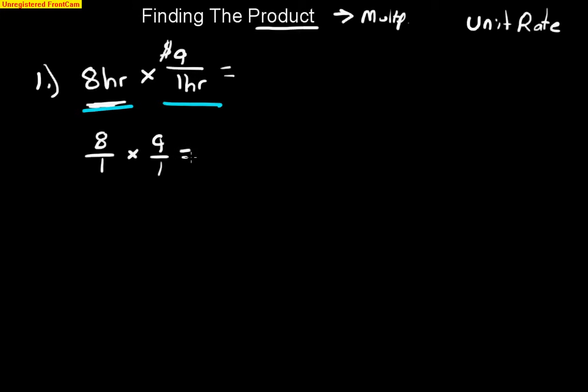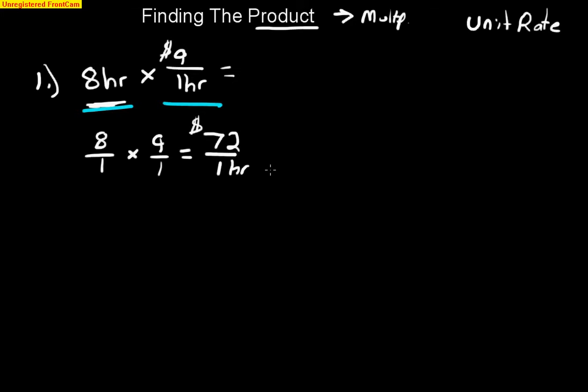Remember, with multiplication, all you do is multiply across the top and then multiply across the bottom. We'll do the bottom first. That's easy. 1 times 1 is just 1. And then across the top, 8 times 9, of course, is 72. Now I'm going to put my units back in there, and the units, of course, were dollars for the hour.